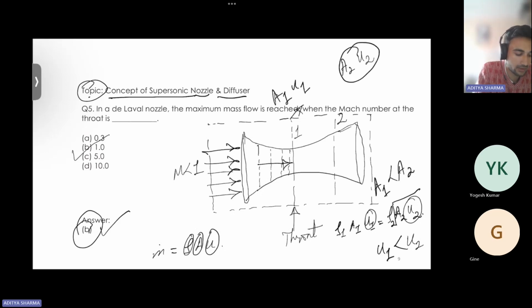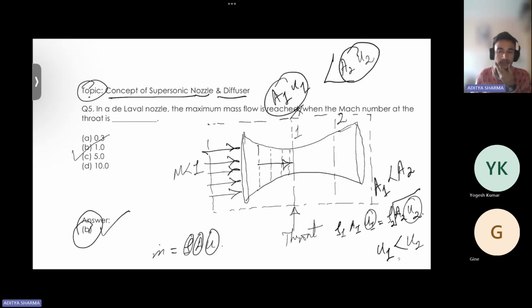So if you multiply these two things, obviously this will be greater than this, in case you have a subsonic flow. I'm just discussing it based on this particular example, just for the sake of discussion. This M can be greater than 1, and then the scenario will be different, but I'm sticking to this particular scenario, all right?